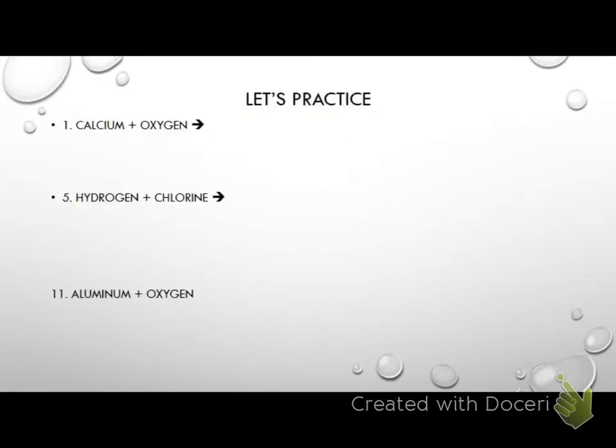So I'm going to do example number 1. Of course the key here is knowing what to write. Calcium we write as Ca when it's by itself. It does not have a charge. Oxygen, we talked about this when we were balancing. Oxygen by itself is a Brinkelhoff, so it's O2. What would this form?